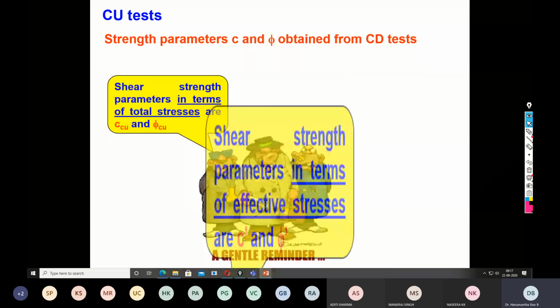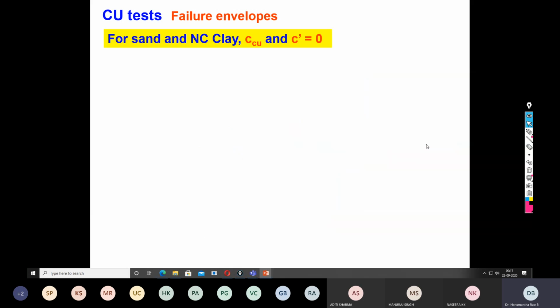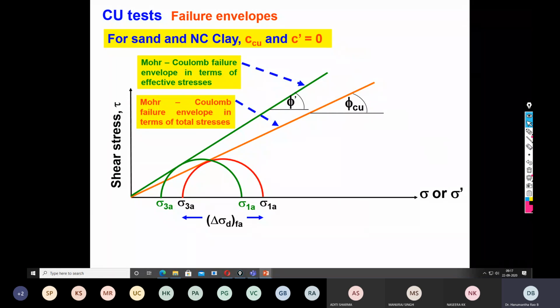So these are the shear strength parameters that we normally get from the CU test: shear strength parameters in terms of total stress, C_u and phi_u, and in terms of effective stress, C dash and phi dash. Often the effective stress parameters are also designated as drained cohesion and drained angle of internal friction.